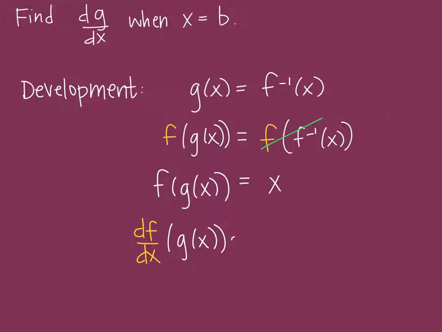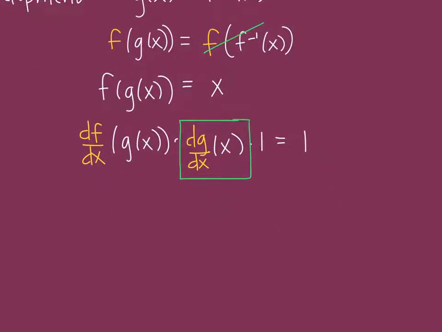Then the chain rule says, okay, then do dg dx, the derivative of that, leaving that inside alone. And then the derivative of the inside of that is 1, and the derivative of x is 1. And what we are looking for is dg dx at a particular value of x.